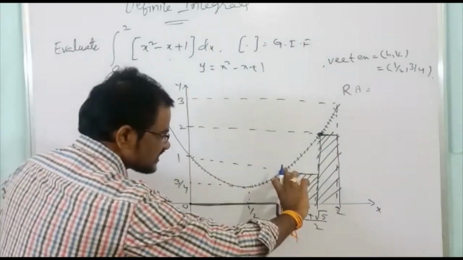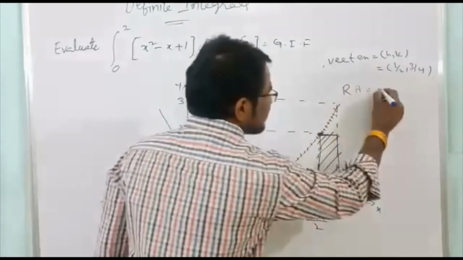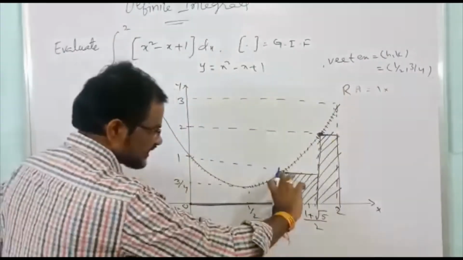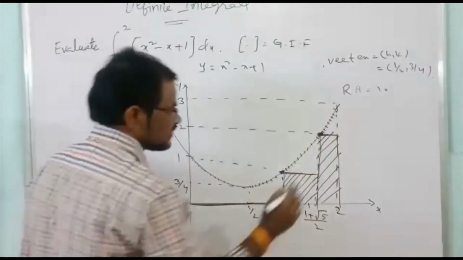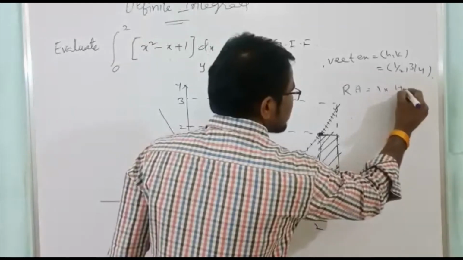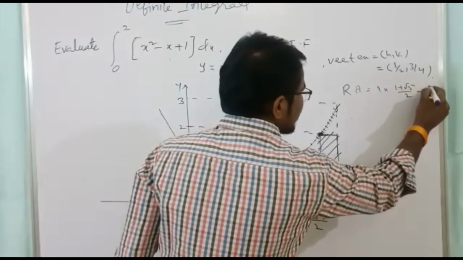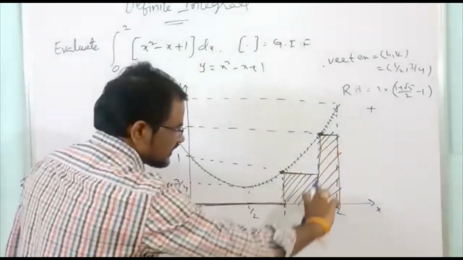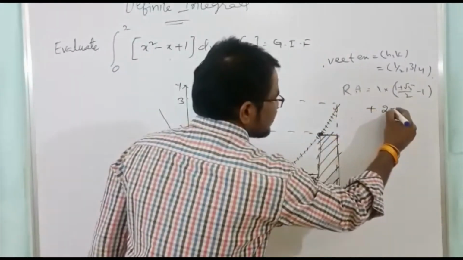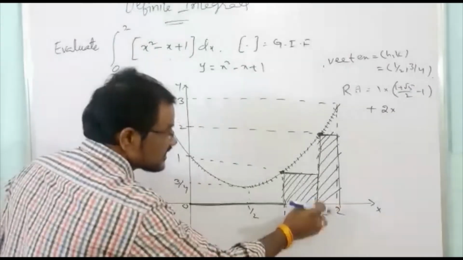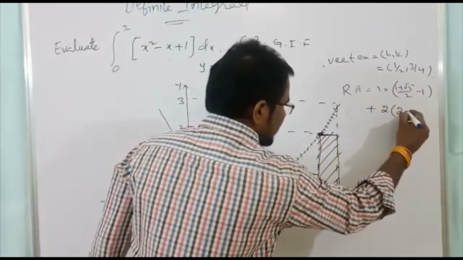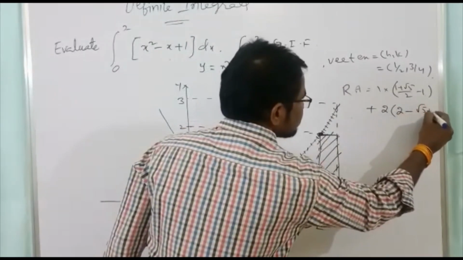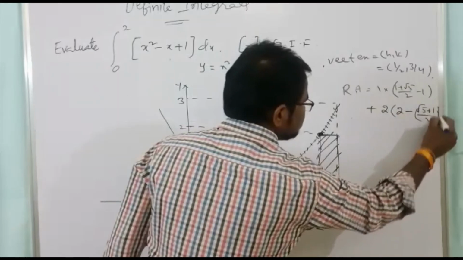Here to here the distance is 1, so 1 into, if you take this as length, it has a breadth. The breadth is 1 plus root 5 over 2 minus 1, plus here to here it is 2 into, where the breadth is 2 minus (1 plus root 5) over 2.